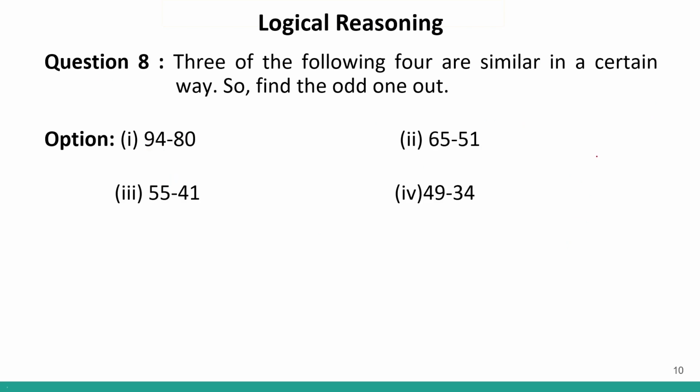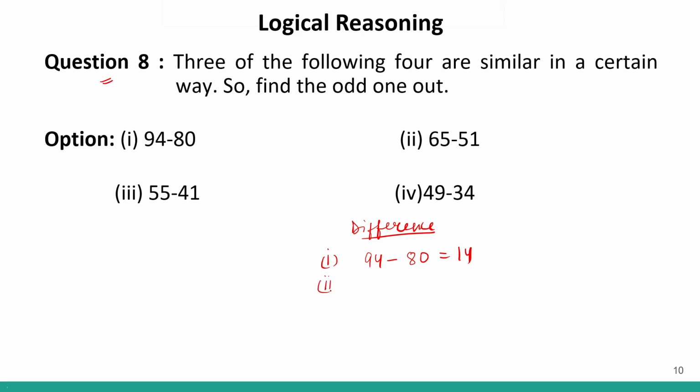Now, question number 8. If I look at question number 8, between 94 and 80, what is the difference? So I am calculating the difference. In option number 1, the difference will be 94 minus 80, that is 14. Correct?